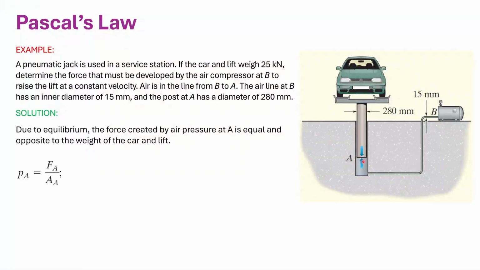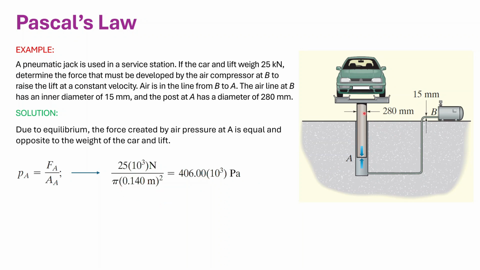If we analyze this portion of this system, PA, pressure at A, equals FA divided by AA, in which F is the force and A is the area. So if we plug in the numbers, the question told us that the force is 25 kilonewtons, which is the weight of the car and the post. And then in the denominator, we have the area of this post, which is pi r squared.